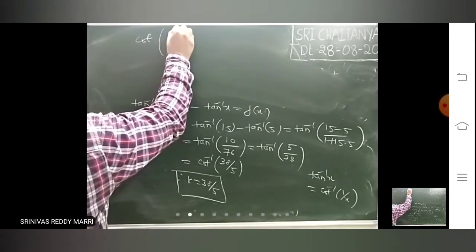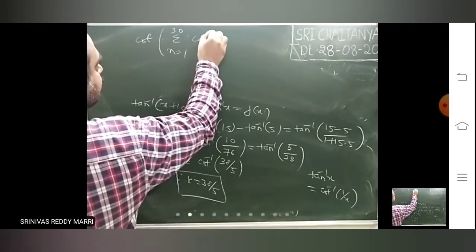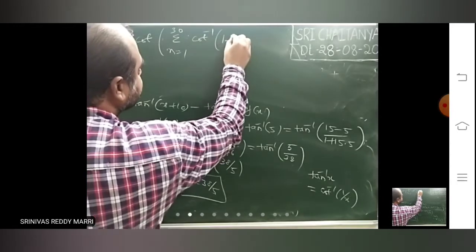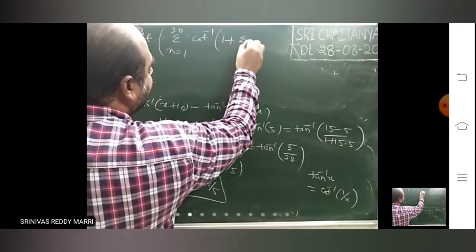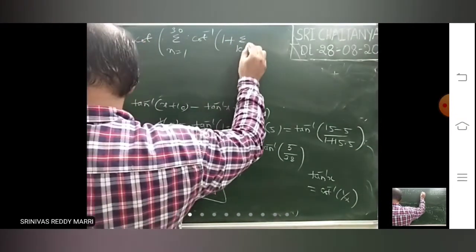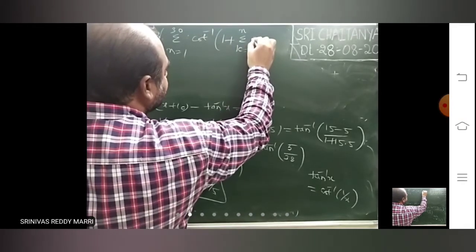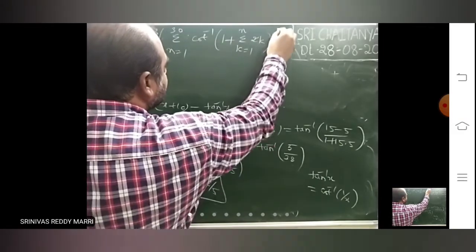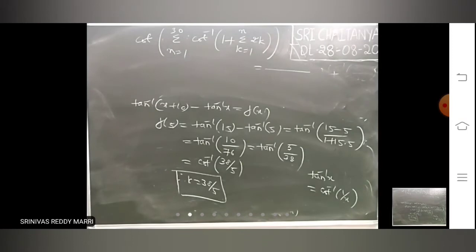Look at sigma n equal to 1 to 30 cot inverse of 1 plus sigma k equal to 1 to n of 2k.